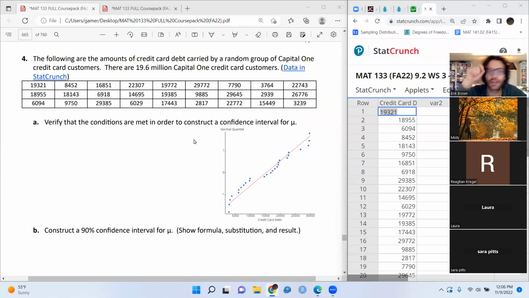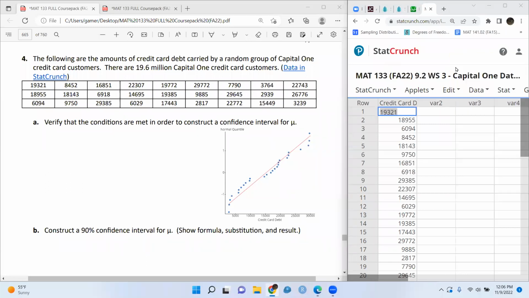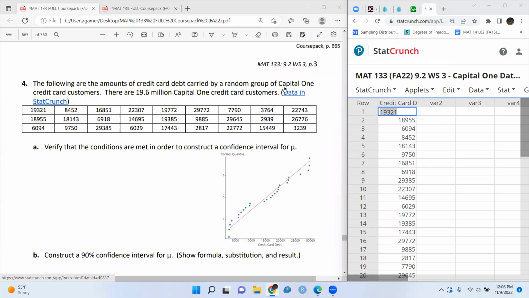You should be able to click that link in the chat and it should open this data set in StatCrunch. So let me know if you didn't get it. Okay. Nice.